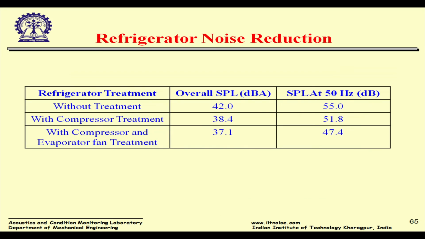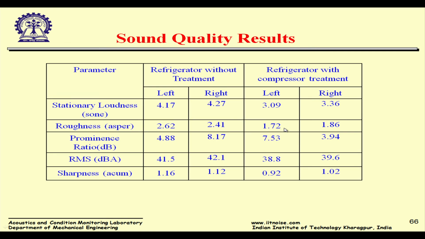You reduce the noise because this product is going inside your so-called open area in your dwelling, so you would not like to get irritated by the noise. So there is a requirement that, of course, there's the overall noise reduction, and we also look into the roughness aspects of the refrigerator without treatment and with treatment, and then things came down and were appreciated.